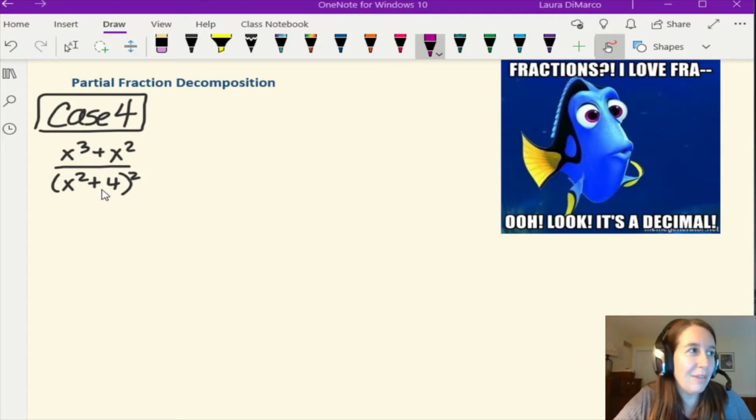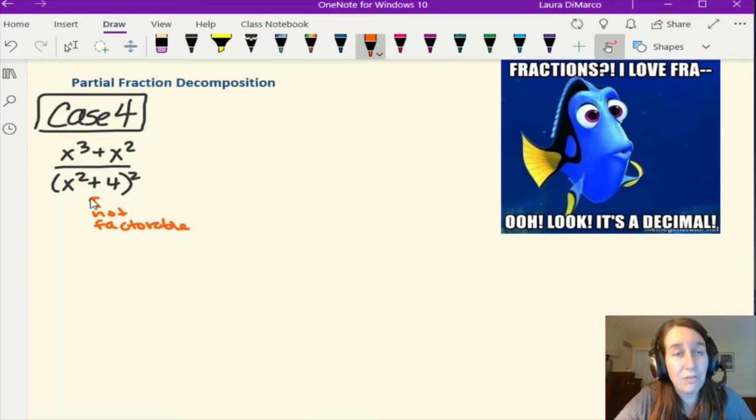So there's nothing we can do to simplify this problem first. There's no factoring in the denominator or anything. So, this is not factorable again. Since it's not factorable, it's going to stay as a quadratic.